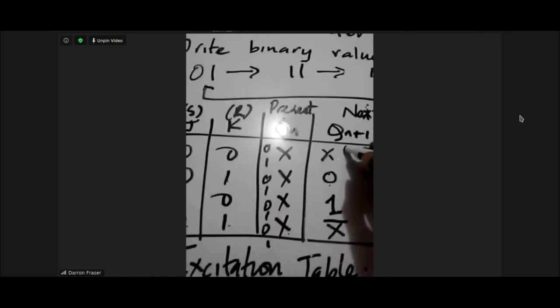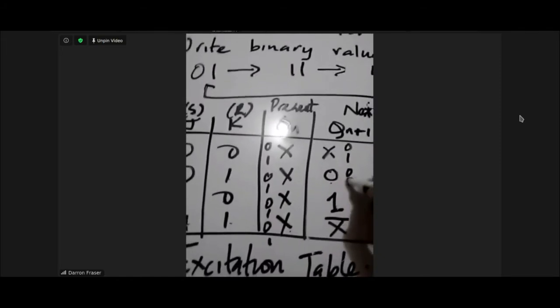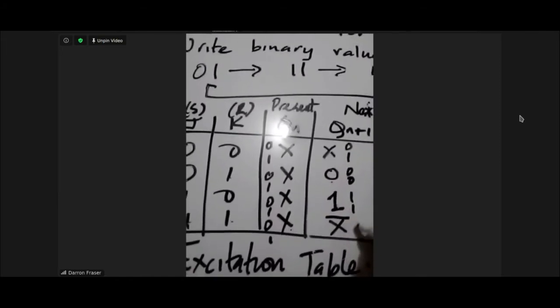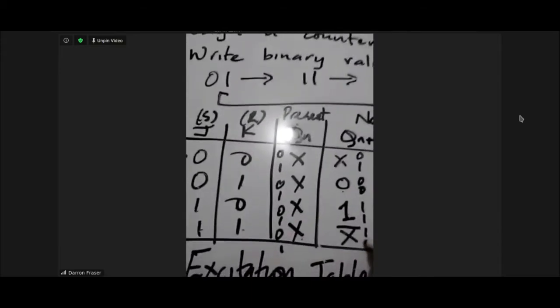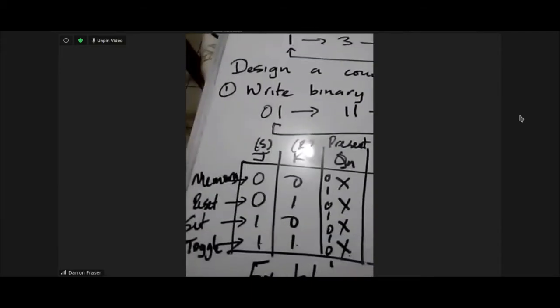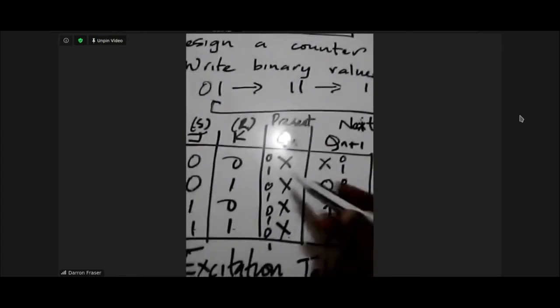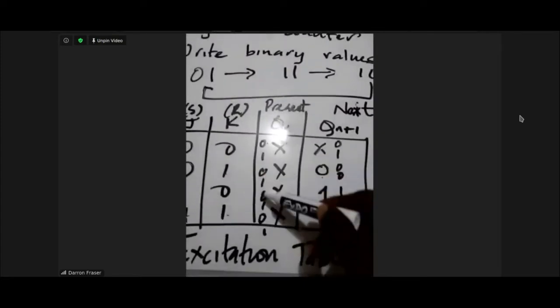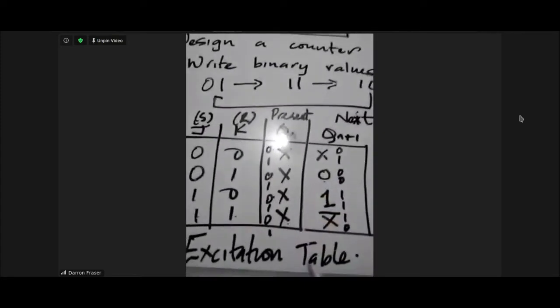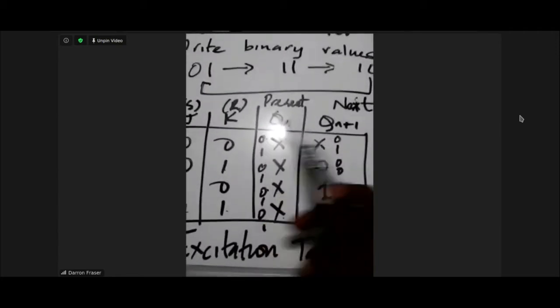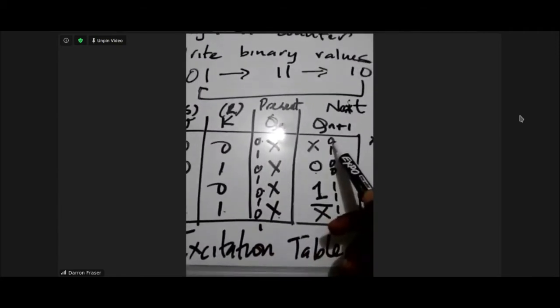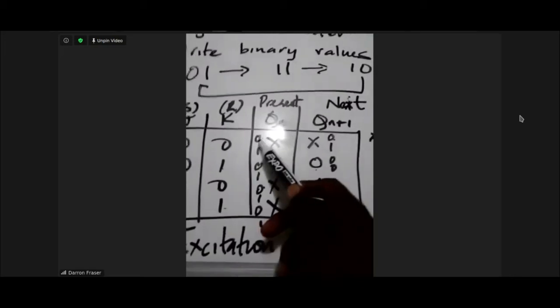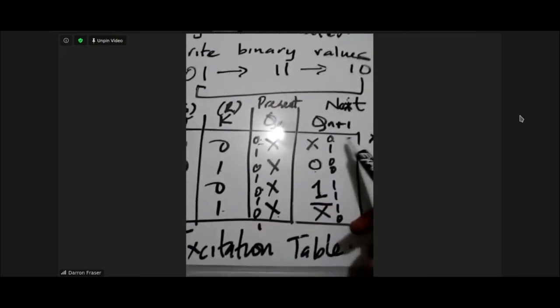So if we are presently at 0, now let me just fill in these here, 0, 1. All right, if we're presently at 0, these are the zeros that we have at present, and the next state is 0. So this is one case where presently at 0, the next state is 0.